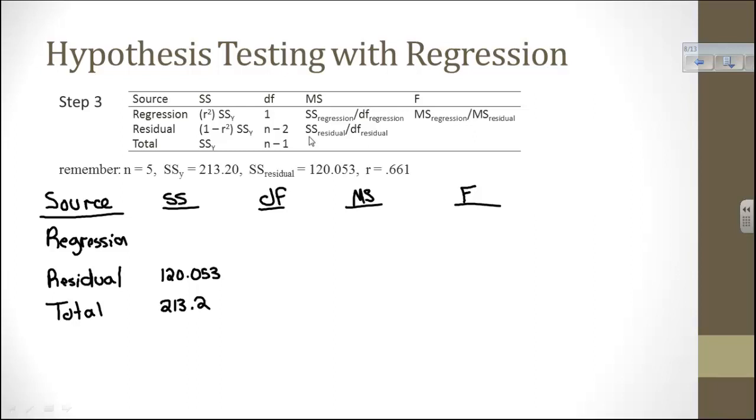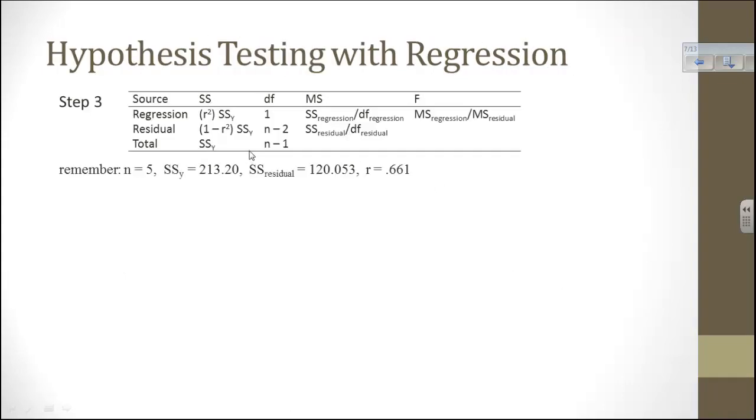Well, if the regression portion of this equation is all about the variability that is predicted by the regression equation, so this is the variability not predicted, we want to know the variability that is predicted, so then we can divide it by degrees of freedom and find the variance that is predicted by the regression equation. Look at the formula here.